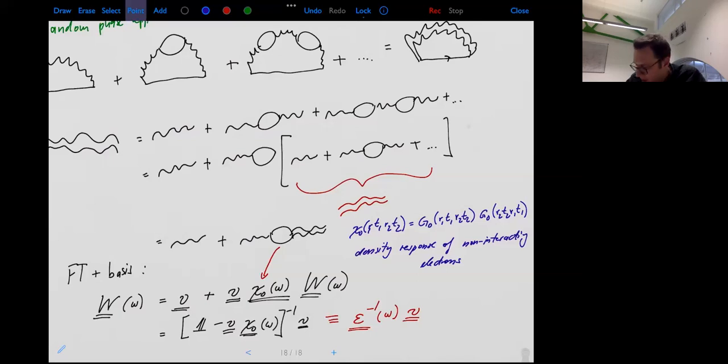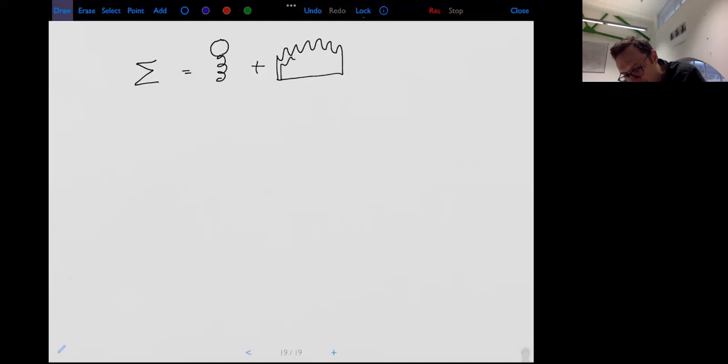Okay, so where does that leave us? What we have is sigma, and we have written sigma as the Hartree term, which we separated out, plus this exchange diagram, where now we have replaced the bare Coulomb interaction in the exchange by a screened Coulomb interaction.